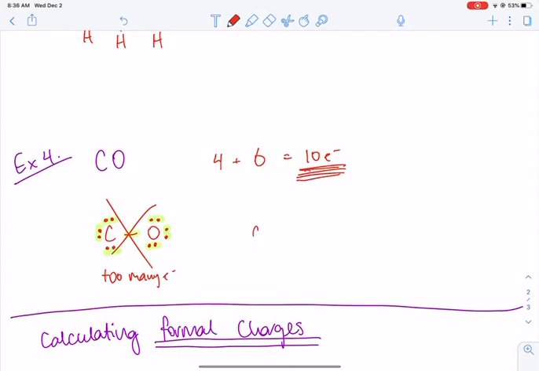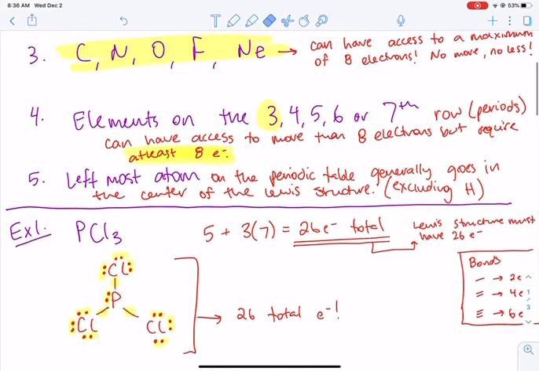So let's try again, but this time let's put a double bond there. And then let's put in our lone pairs. Now check, this carbon has access to 2, 4, 6, 8 electrons. That's perfect. That's how many it needs, which means the oxygen also has access to exactly 8 electrons.